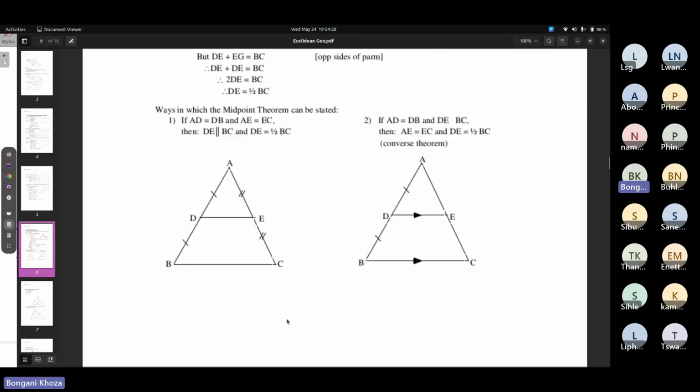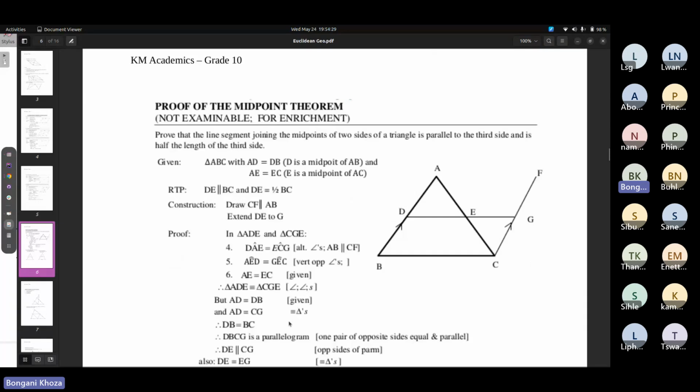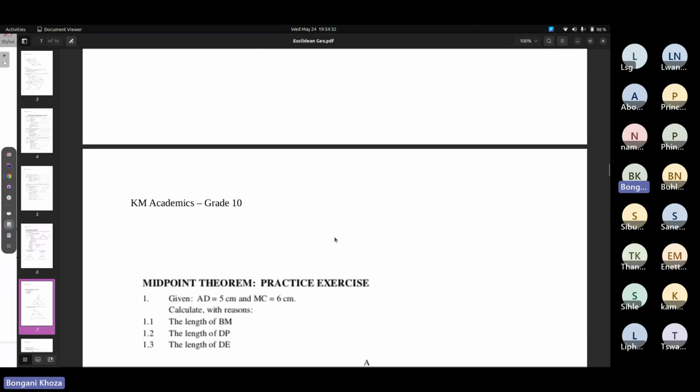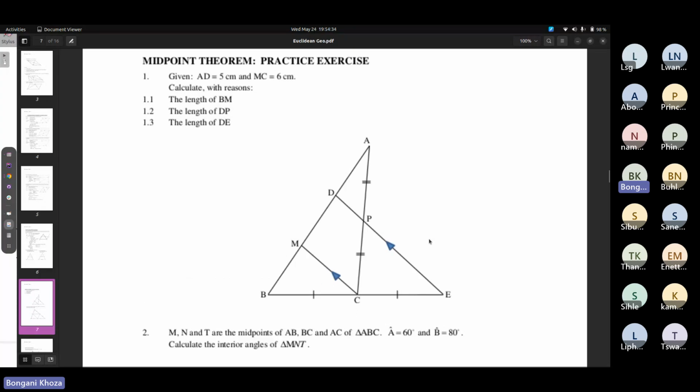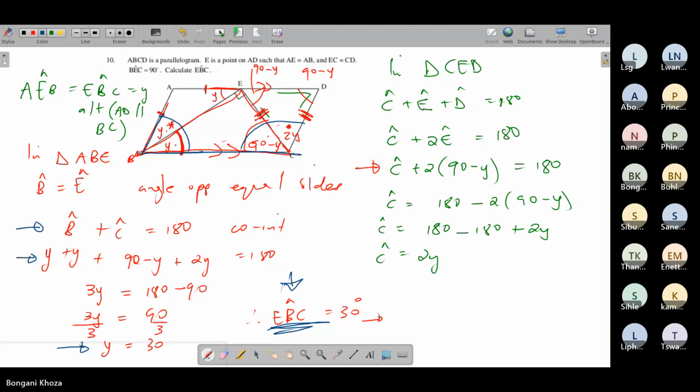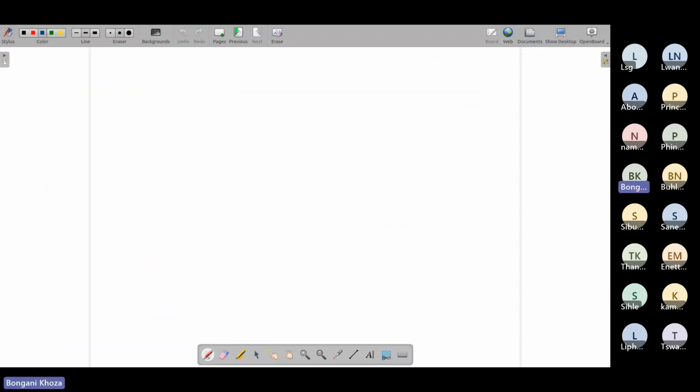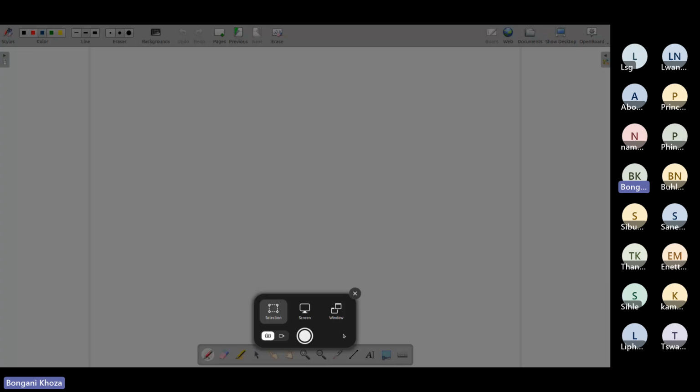That's on page 6. There you go. So for questions relating to the midpoint theorem, you have this one over here. We can try it quickly just to see what is what. And yeah, people can go rest.